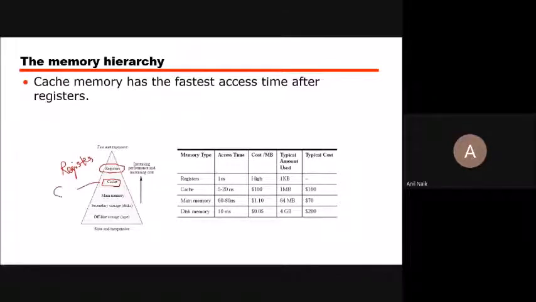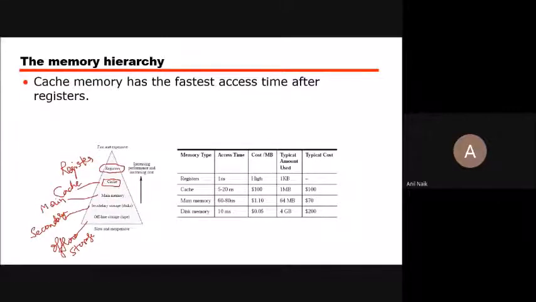Then comes the cache memory, then main memory, then secondary memory, then offline storage, like an external hard disk and all you can consider.